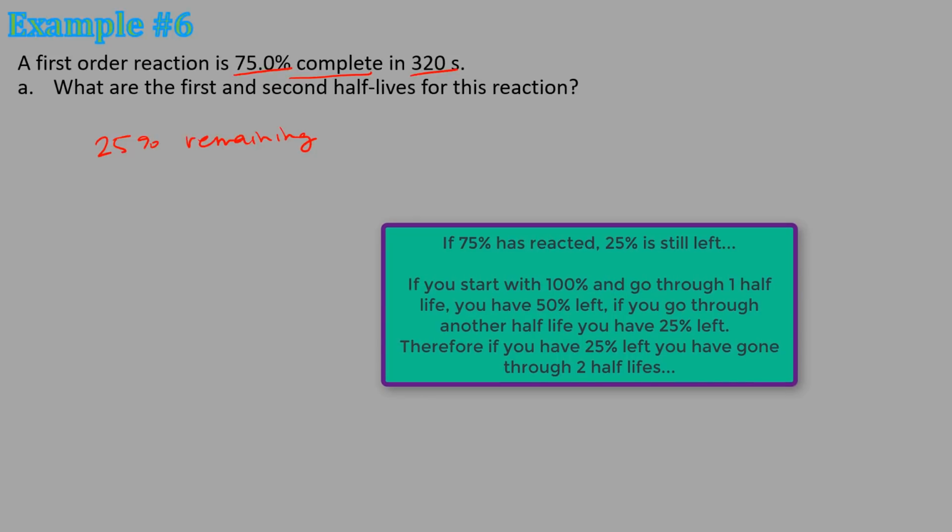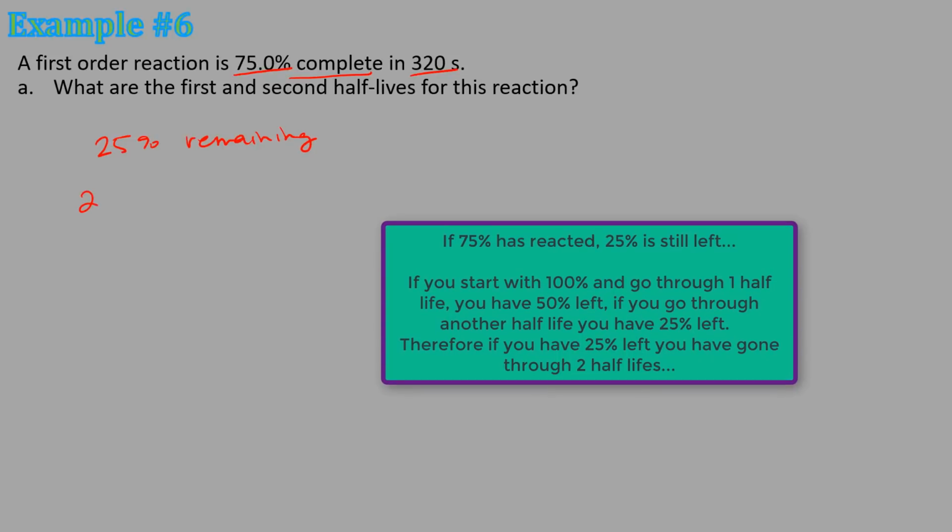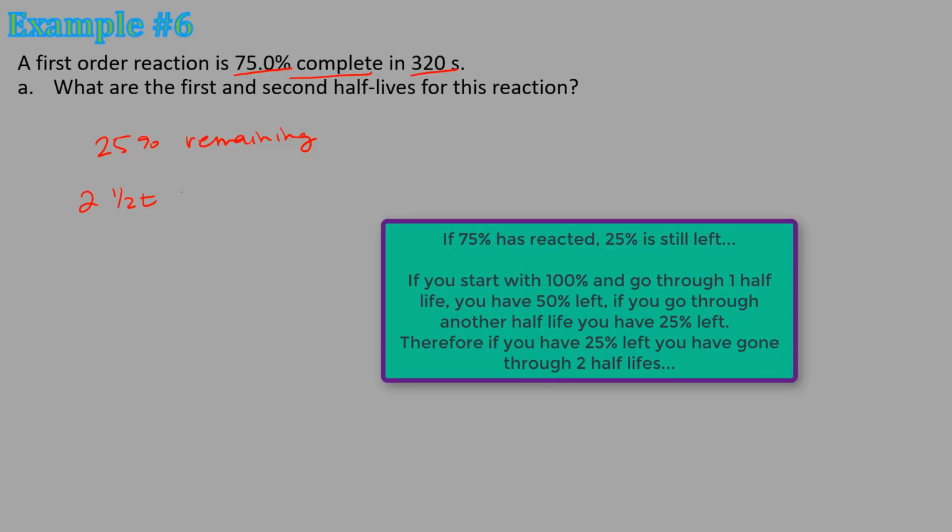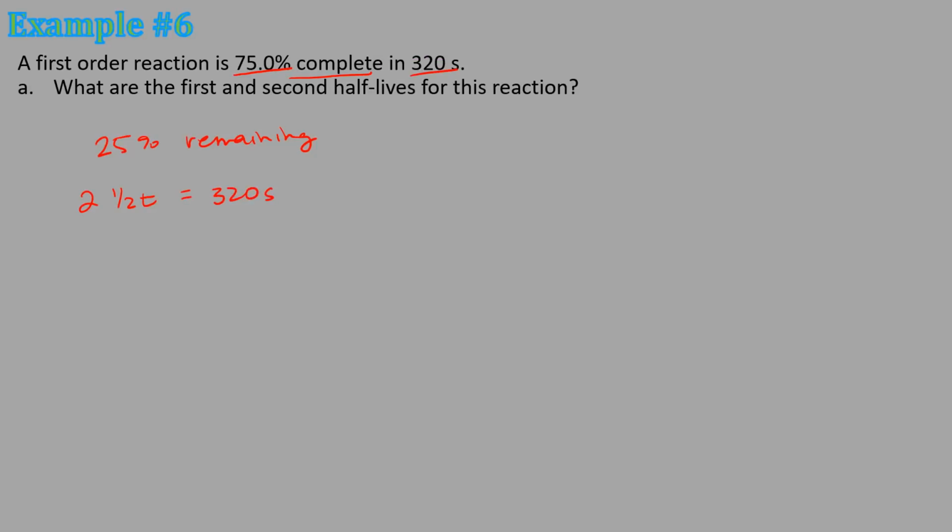So that means it's gone through 2 half-lives. So for 2 half-lives, that means that it takes 320 seconds. So for 1 half-life, it should be half of that, 160. And each half-life is 160 seconds. Next.